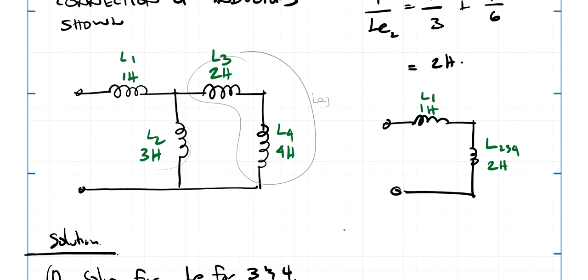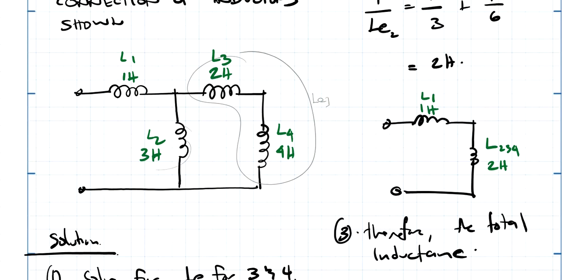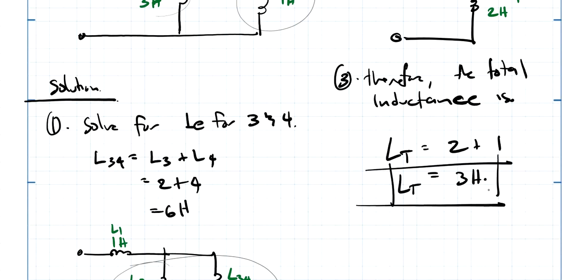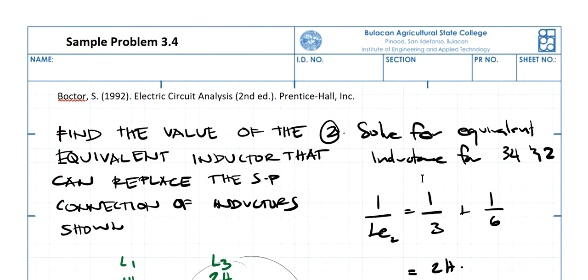Therefore, the total inductance is simply 2 plus 1, so this is 3 henries. Okay, so I think that's all for our inductance or inductors.